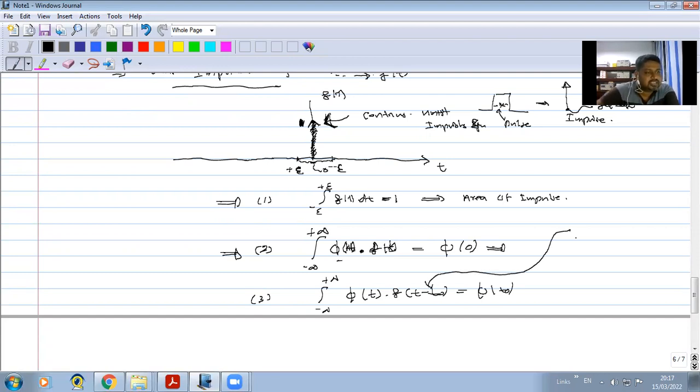So what is this delta t minus t naught? It is a shifted impulse. Delta t is at 0, but delta t minus t naught is shifted to here. What about delta t plus t naught? It will be shifted to this side. This is delta t plus t naught, and this is delta t minus t naught.